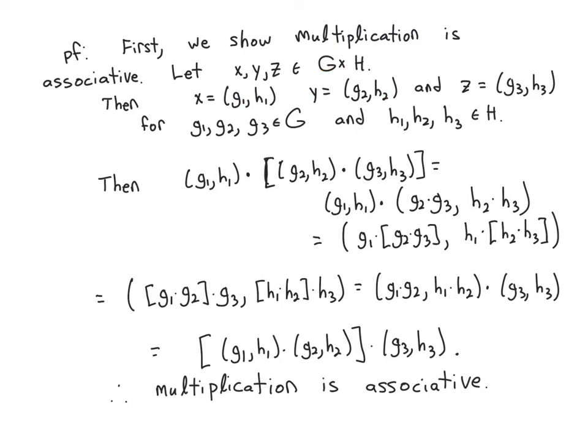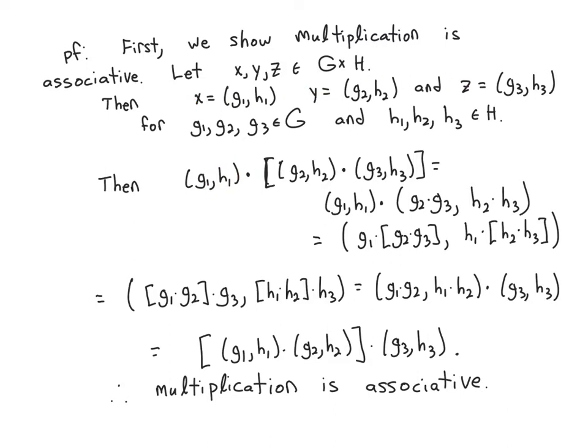So this means that x is equal to g1, h1, y is equal to the ordered pair g2, h2, and z is equal to the ordered pair g3, h3, where the first coordinates, g1, g2, and g3, are all elements in the first set, G, and the second coordinates, h1, h2, and h3, are all in the second set, H. So what do we need to see? We need to see what x times (y times z) is.